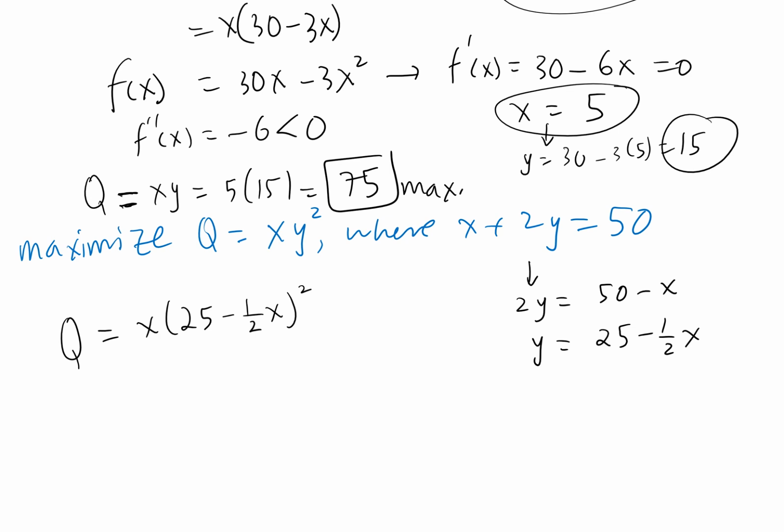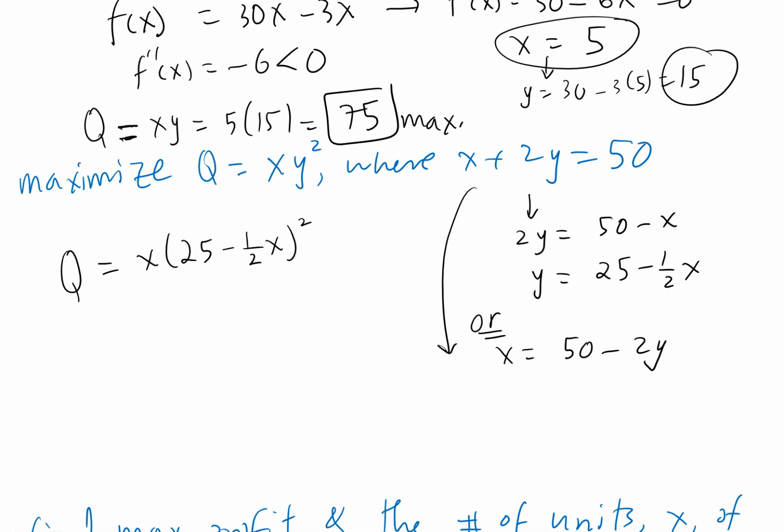Or if you like, you can solve for x. It's easier, no fractions. And substitute that in. So then q would be, instead of x, put 50 minus 2y times y squared. 50y squared minus 2y cubed.